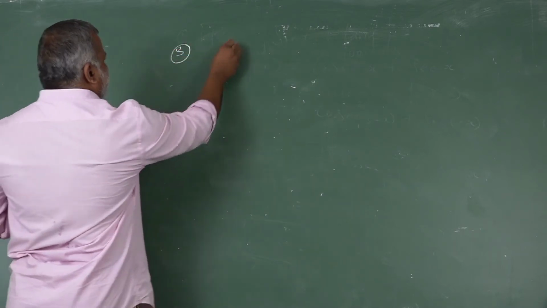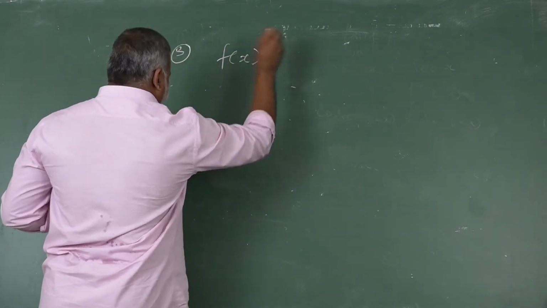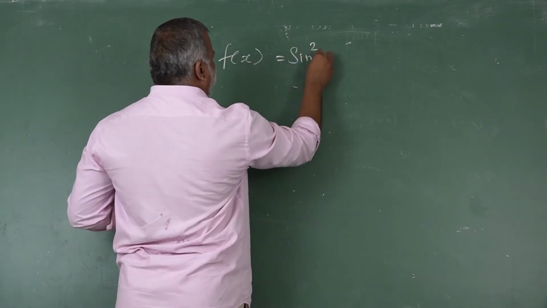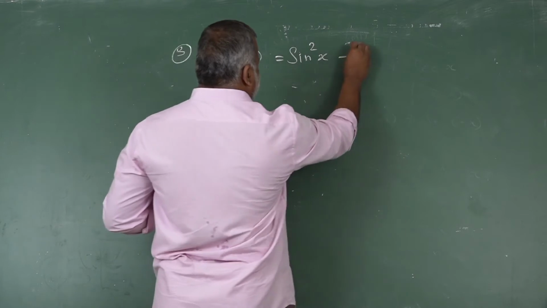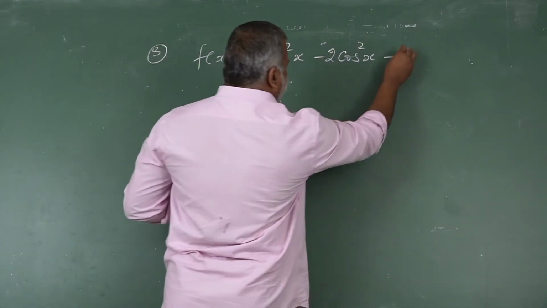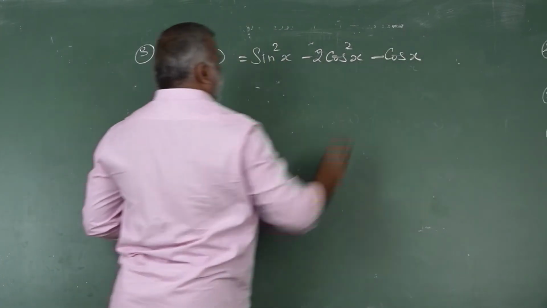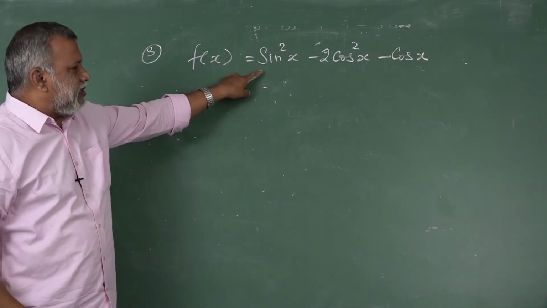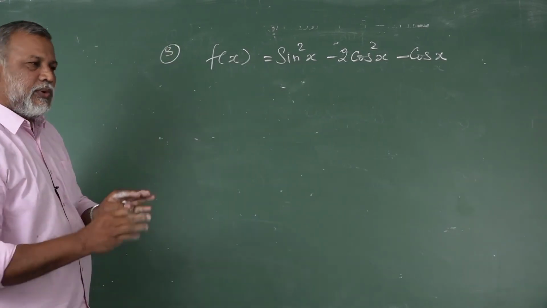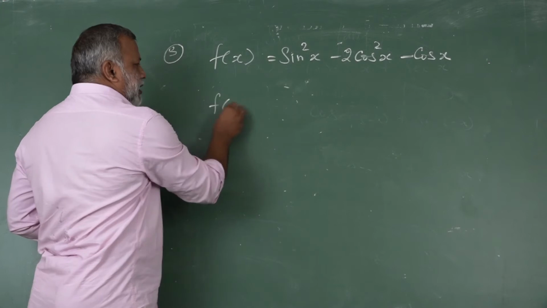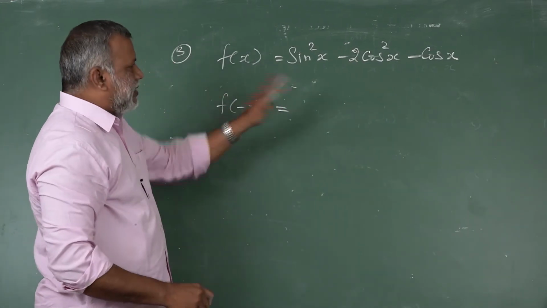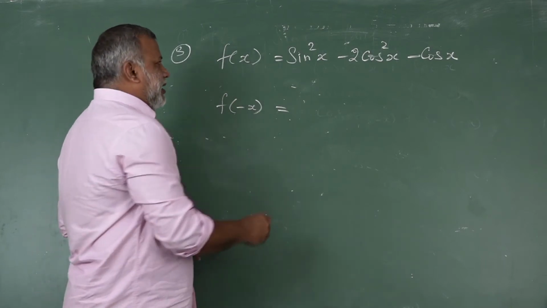Now, question number 3. Once again, listen. f of x equals sin squared x minus 2 cos squared x, again minus cos x. Now try yourself. The meaning is x is replaced by minus x. On both the RHS side and LHS side you have to replace x.